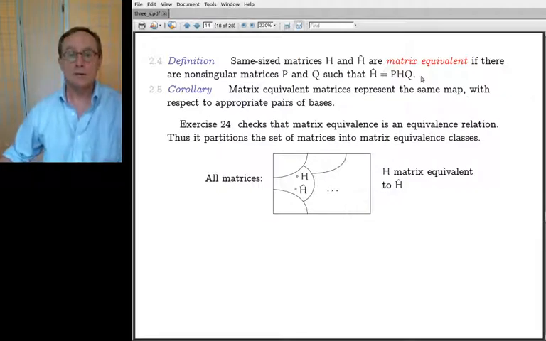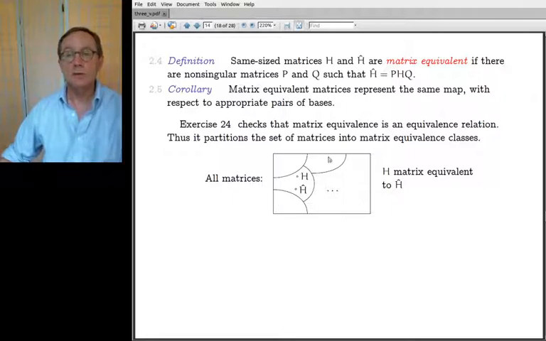So we've seen this kind of when-are-things-the-same picture before. We will take the universe of all matrices and split it up into parts. These two matrices are related in the way at the top of the slide. These two matrices represent the same map. And over here are matrices that are all related to each other. Over here are matrices that are all related to each other. Over here are matrices that are all related.